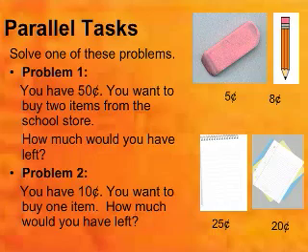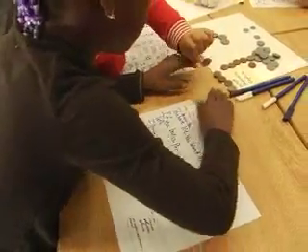When you finish the task and you talk to all the kids, you can say to any of them, so what did you buy, and how much money did you have left, and how did you figure it out? But one of them is working at numbers they're comfortable with, the 10 cents and the 1 item, and other kids are working with numbers they're comfortable with, the 50 cents and the 2 items.